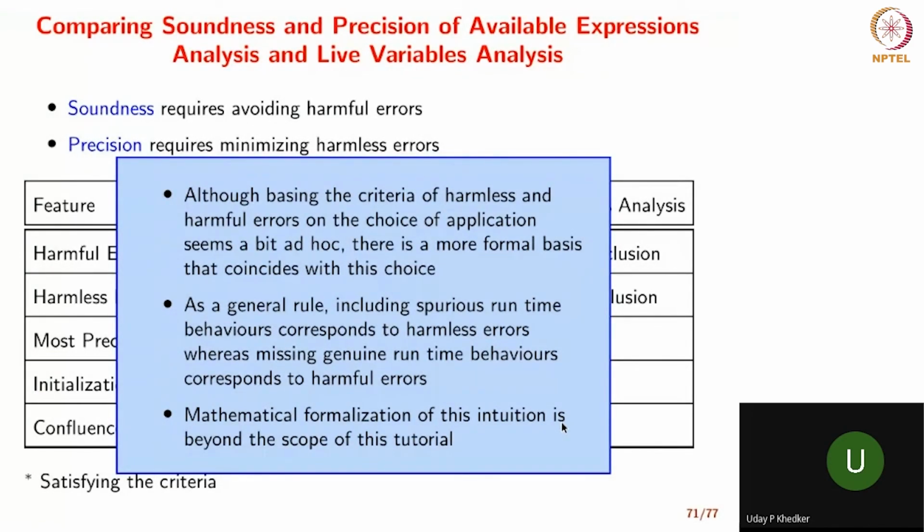I can tell you in a nutshell what we do there. We create a concrete world, a concrete domain, and an abstract domain, then define an abstraction function which takes a set of concrete values and gives us the corresponding abstract value. We create a concretization function which takes an abstract value and gives us the corresponding set of concrete values, and then we do some nice mathematics.